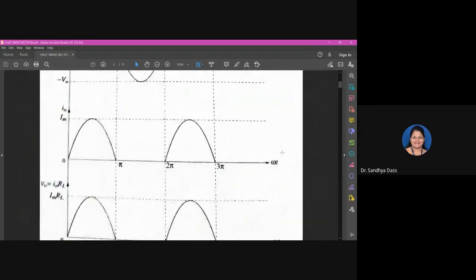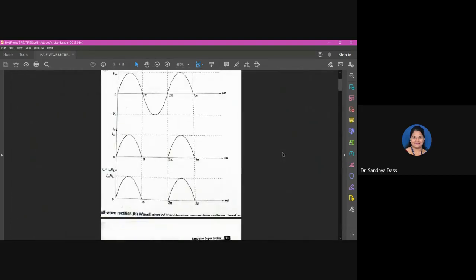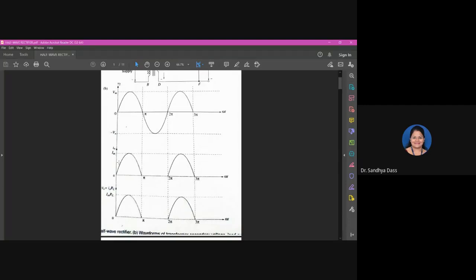This is your response. So the output I naught will be equal to Im sin omega t between 0 to pi, and the output current will be 0 between pi and 2 pi. Correct?